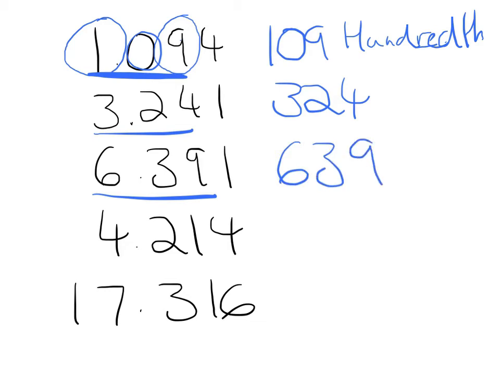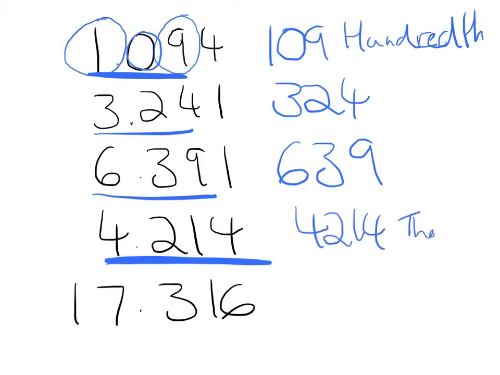If we were to go to the next step and say how many thousandths are in this number here, you'll notice there are 4,214 thousandths. There are 4 here, and there's 1 hundredth here, so that means there's 10, instead of 10,000, then here that means there's 200, and here that means there's 4 thousandths, so 4,214.